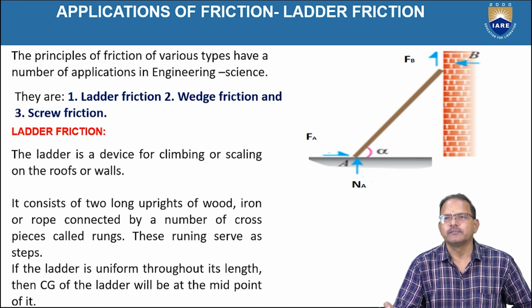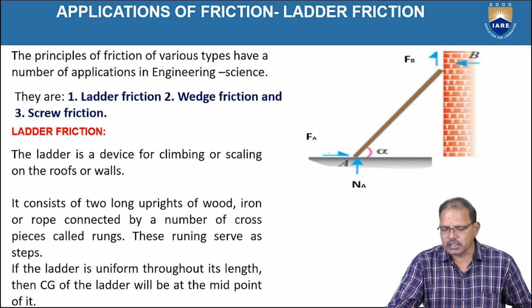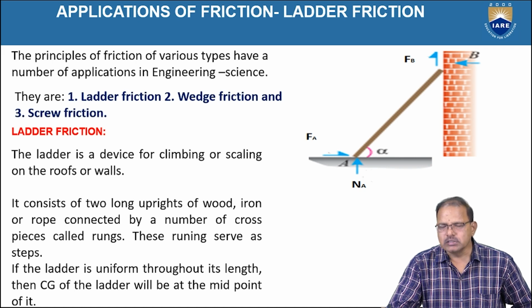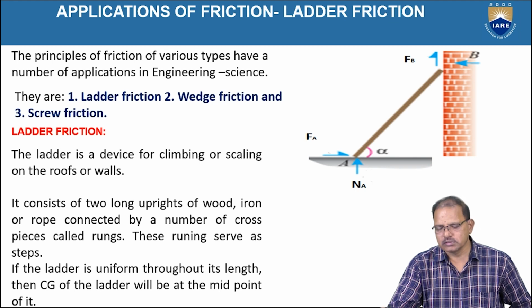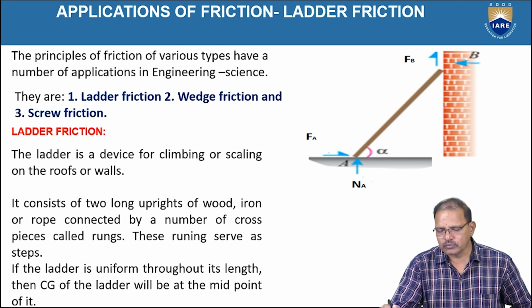Ladder friction. Assume a ladder is kept against a vertical wall, as shown in the figure. Assume these are rough surfaces. The forces existing on the ladder are as follows.